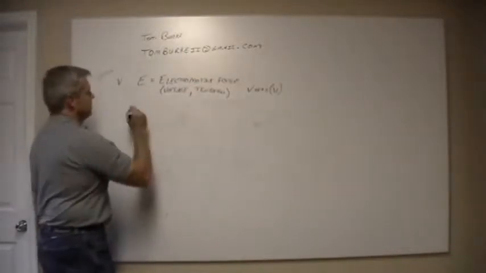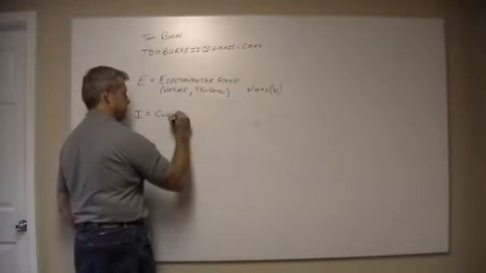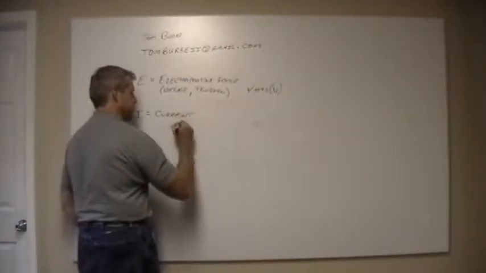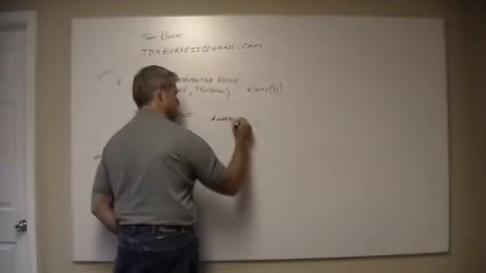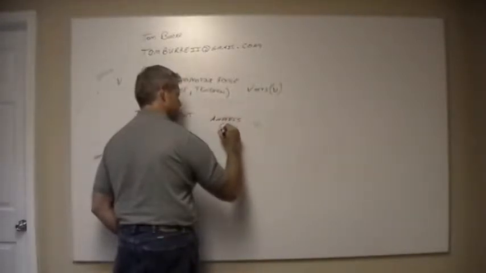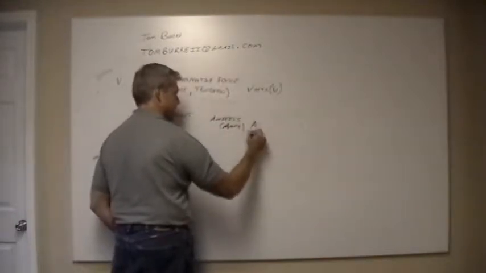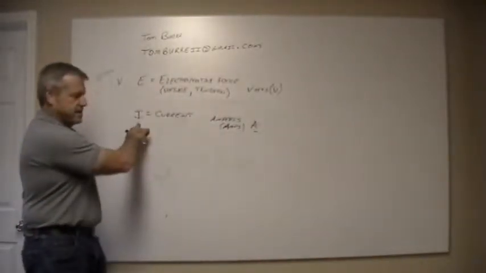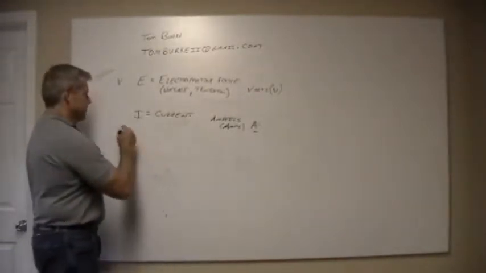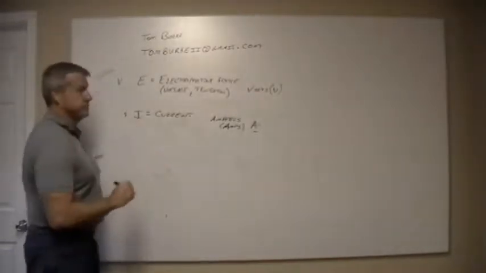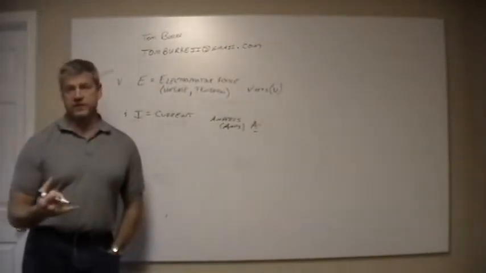So V. I is current. The unit is amperes, or amps, A-M-P-S, letter A. I, because C is a capacitor. And little i generally means either AC or the square root of -1.